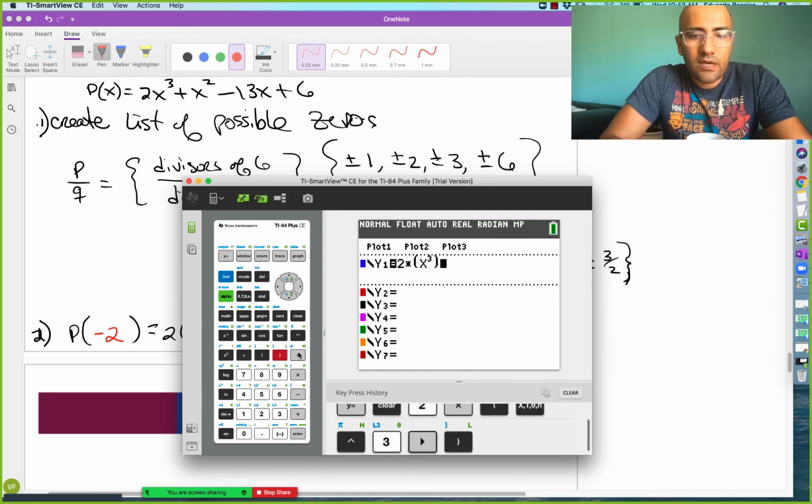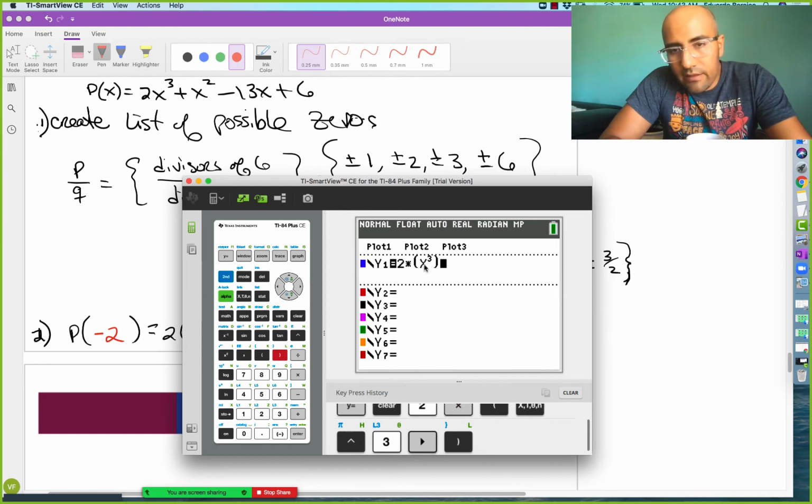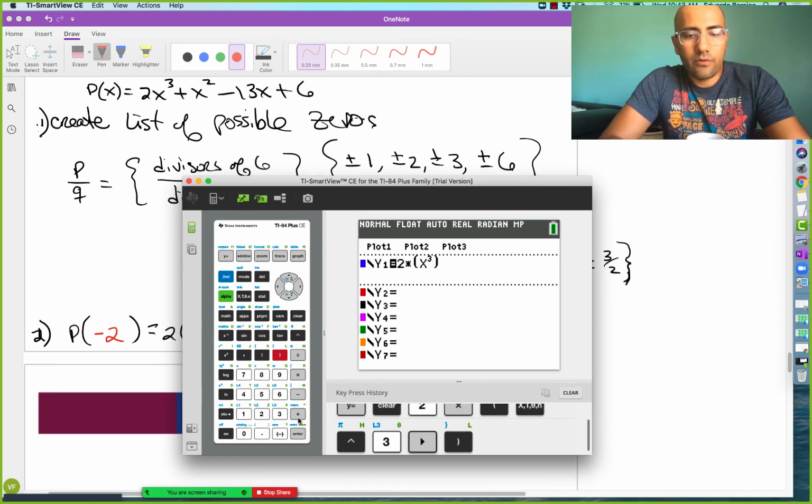For many of you, it does this little caret symbol, which makes it a little confusing. So if you have that kind of calculator, I would recommend that you wrap it up in parentheses to make sure that you're typing in what you expect to type in.